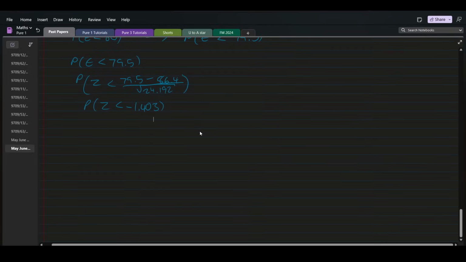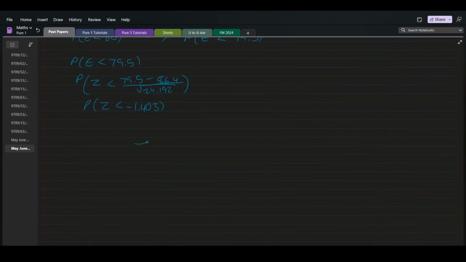Okay, and if we sketch a bell curve, we have 0 over here, and negative 1.403 would be here, and we're looking for the less than region. So we can write this as 1 minus phi of 1.403.